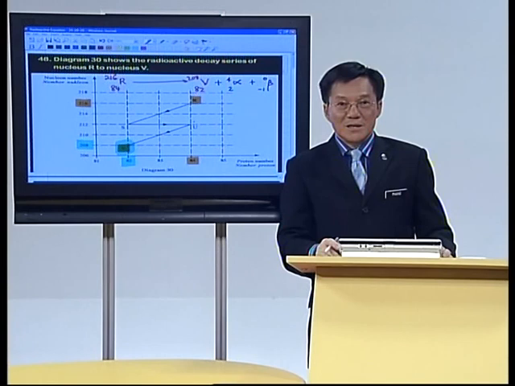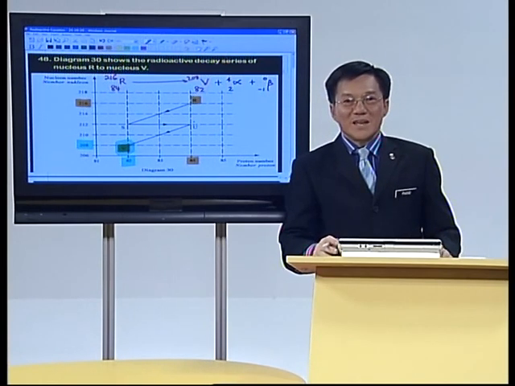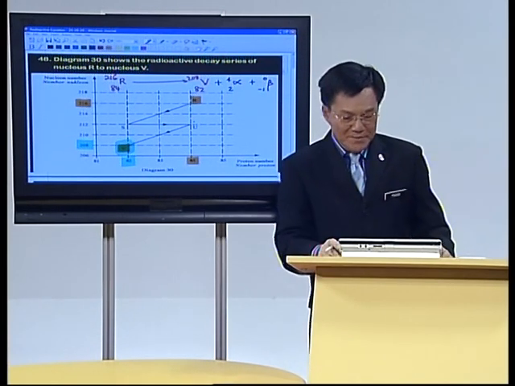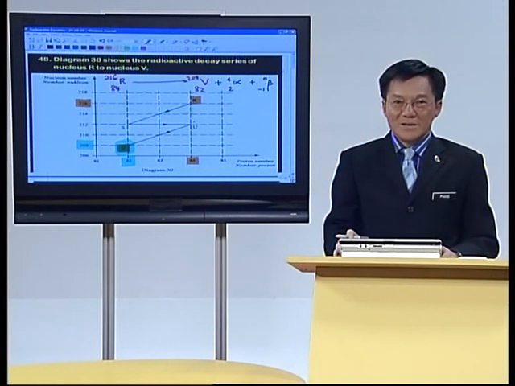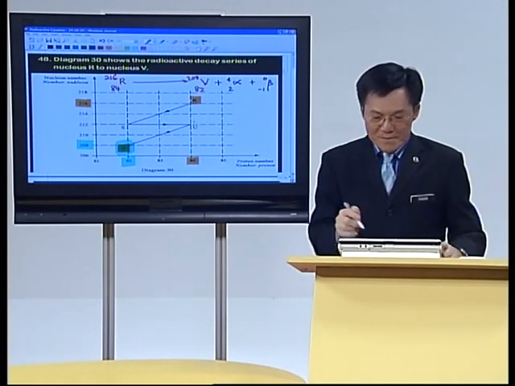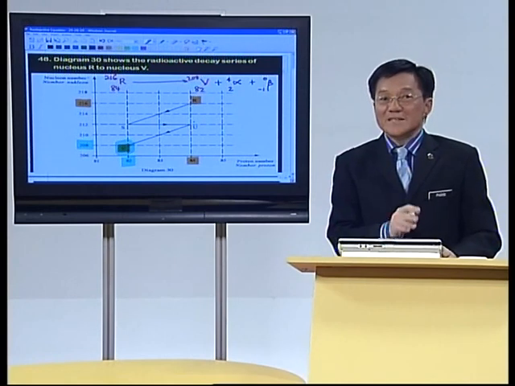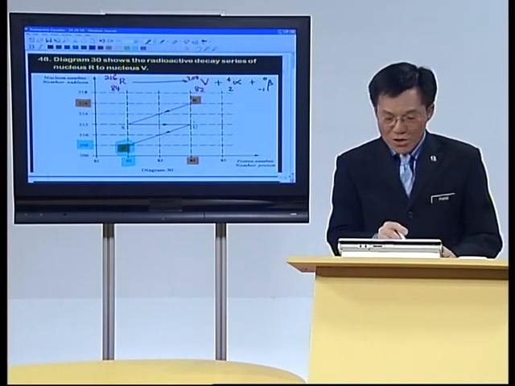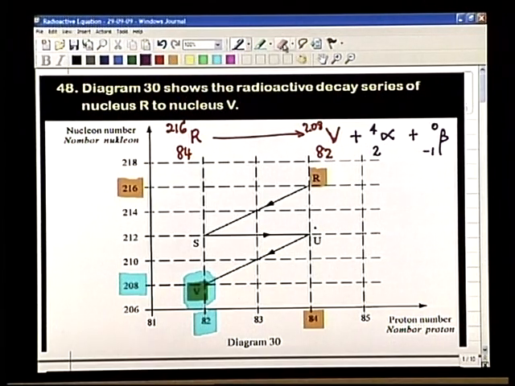So after we have written this equation, now the next thing for us to do is to balance the equation. And to balance this equation, it is something that is really simple. Anybody can learn it in just a few minutes. Alright, let's take a look at just the top, the nuclear number. So once again, I would highlight it to guide you along. Let us just look at the top.